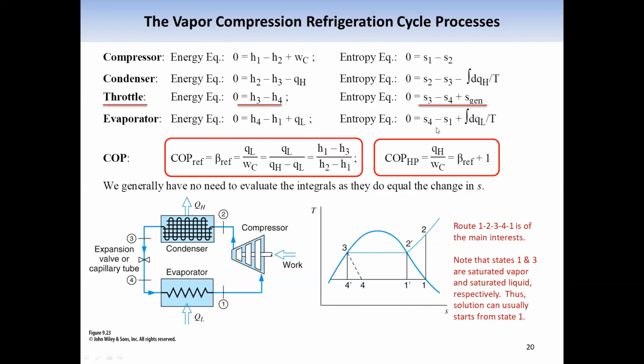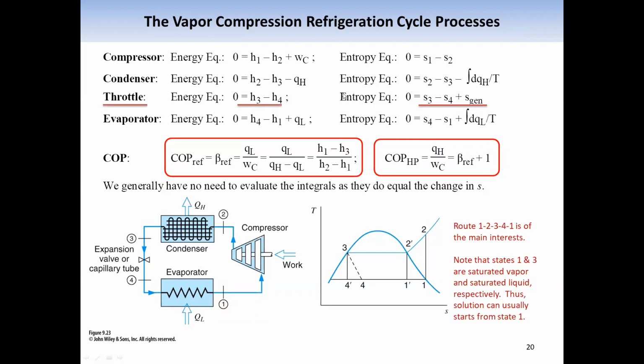And for the entropy balance equation, when the fluid passes through a compressor, there is no heat transfer, it's adiabatic, so it's 0. We also assume the process is reversible, so there's no entropy generation.